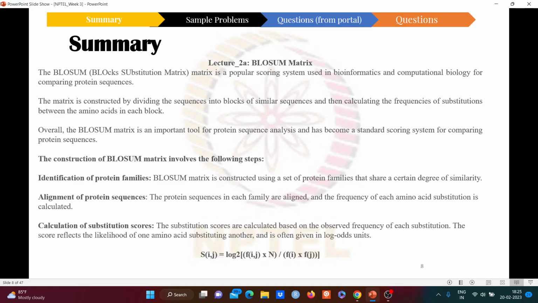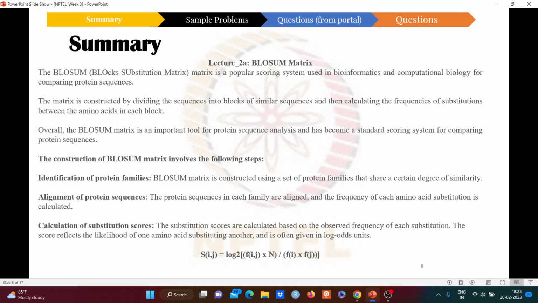So briefly, BLOSUM is a matrix that reflects the probability of amino acid substitutions in related proteins, based on the frequency of substitutions observed in a set of aligned protein sequences. It is created first by constructing a multiple sequence alignment of a set of related protein sequences, and from this alignment a frequency table is generated that indicates the number of times each pair of amino acids appears in the aligned sequences.